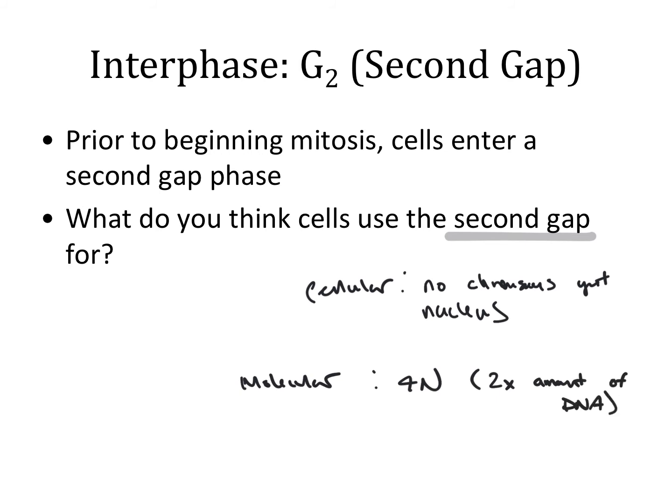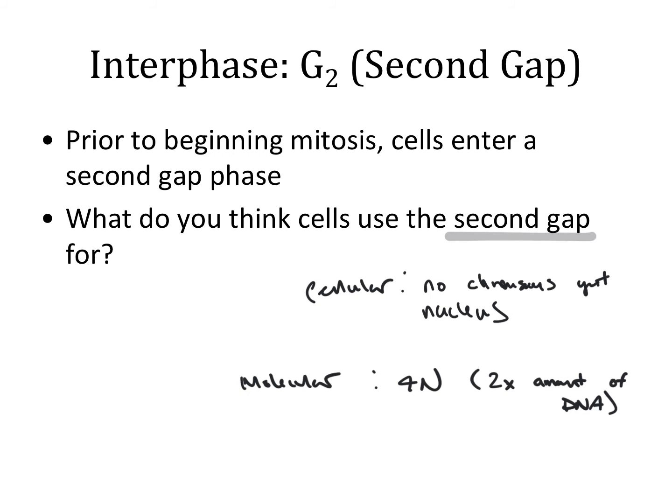And at this point, our cell is going to get a little bit bigger. It's going to increase the amount of cytoplasm it has. It's going to replicate cell membrane. It's also going to replicate a lot of the organelles, because that's going to help the cell when it gets ready to divide and ensures that both cells can survive. So think about this.